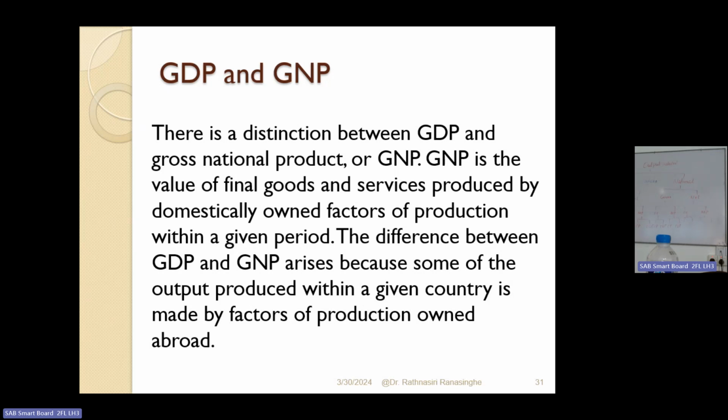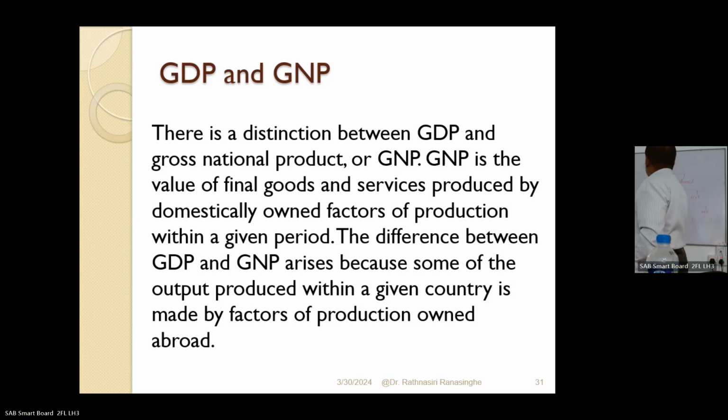Anyway, net domestic output at current factor cost, net domestic output at constant factor cost. Net domestic output at current market price, net domestic output at constant market price. Gross national output at current factor cost, gross national output at constant factor cost. Like that, there are so many concepts. You can elaborate and identify. Those are the national income concepts. How many concepts are there?